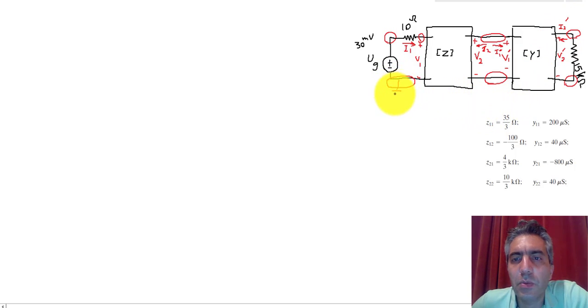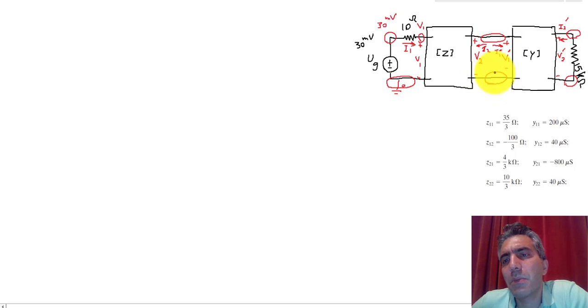So now if I assume this is ground, this would be VG, which is given as 30 millivolt. This turns into V1. Now if I want to name these individually, I can, but since there are no other components in the middle, I really don't have to do that.